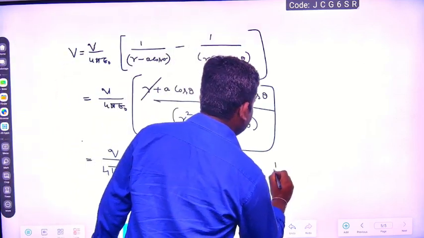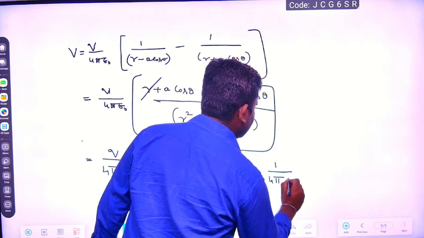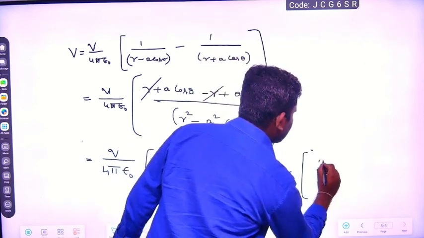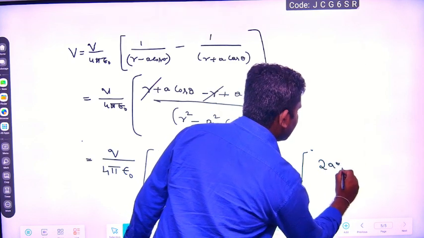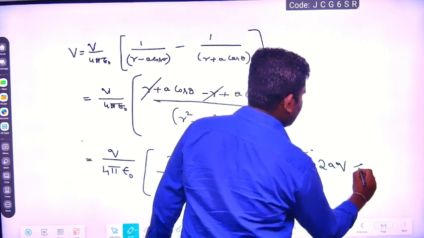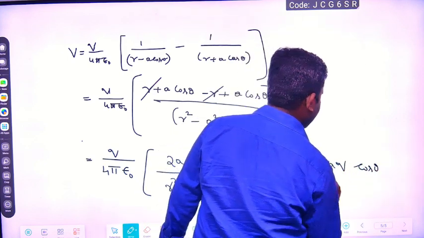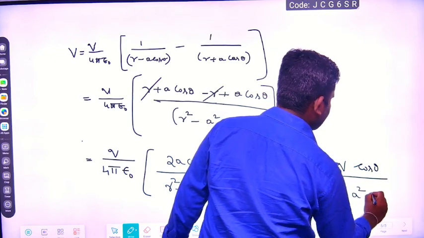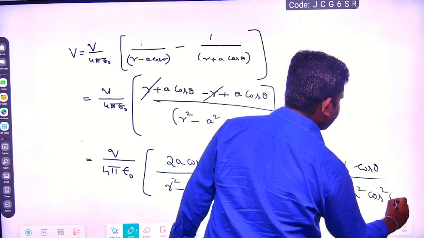You write 1 by 4 pi epsilon naught, 2a is there, no? I multiply q. 2aq cos theta divided by R square minus a square cos square theta.